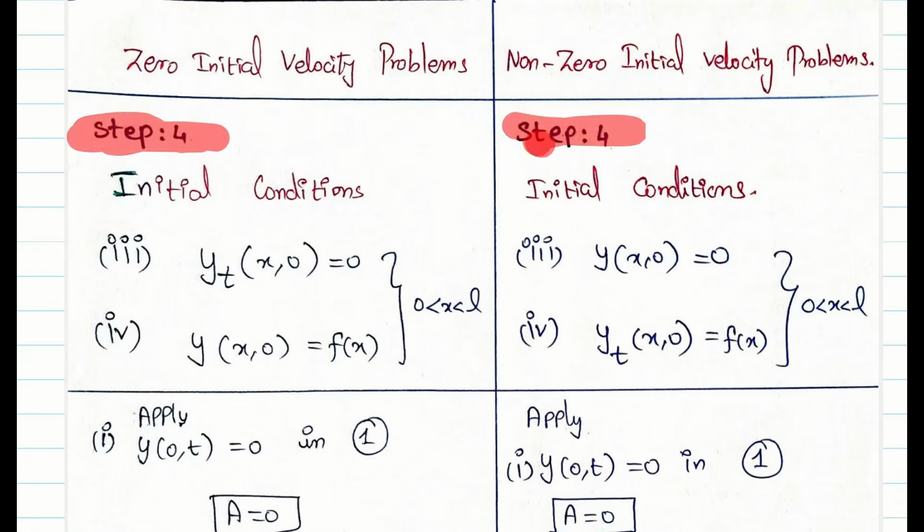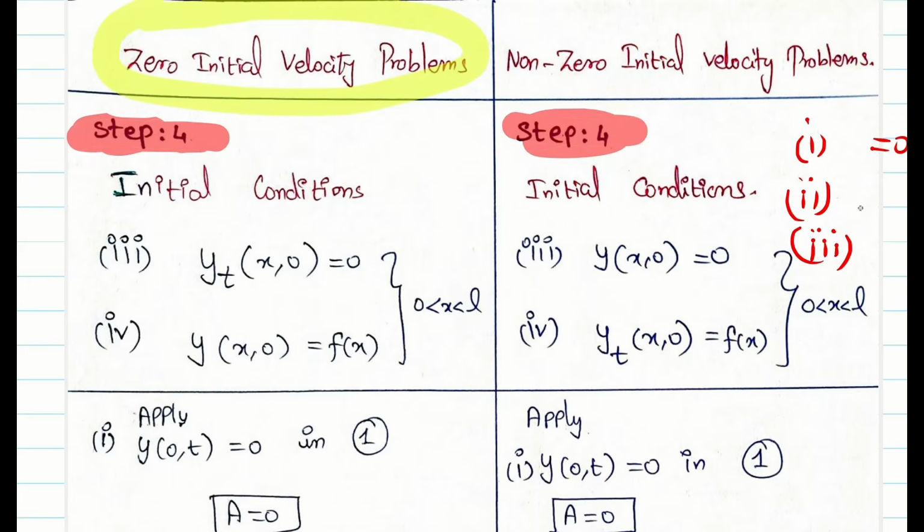Now let us see the changes in the initial conditions. Since it is a zero initial velocity problem, my velocity is 0. My first 3 conditions should be 0 and my 4th condition should be non-zero, that is my f of x.